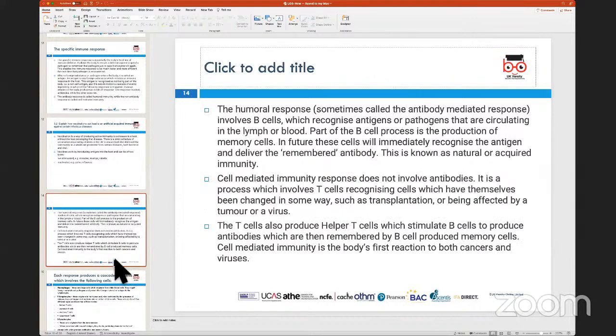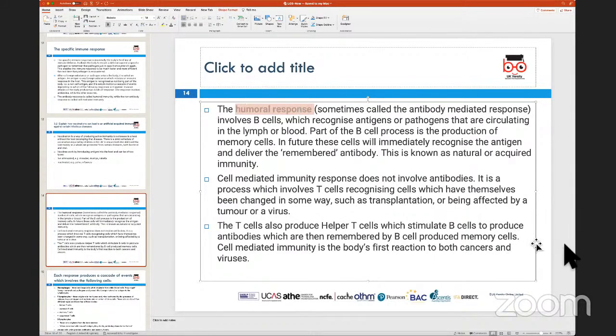Now, when we talk about acquired immunity, what we also need to look at is a concept called the humoral response. This is sometimes also called the antibody-mediated response, which the body produces.